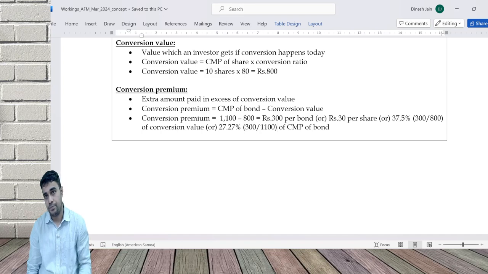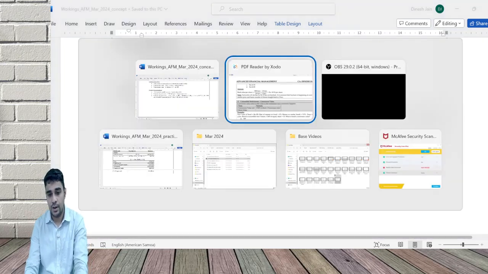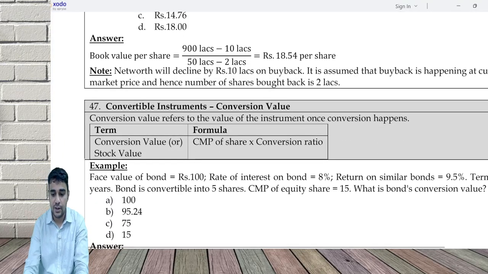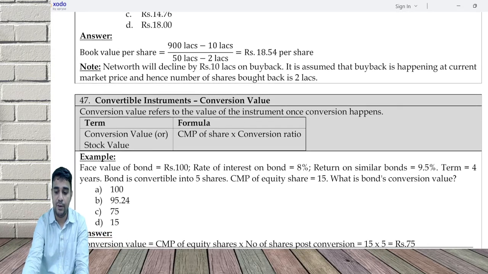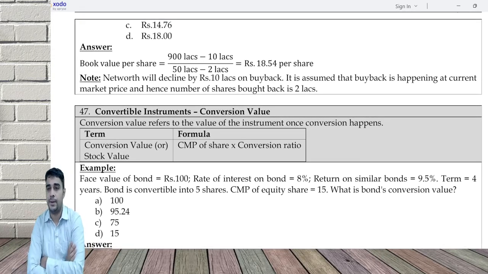Clear? Can we proceed? Before I explain the next set of terms, in this example, tell me what is conversion value. Very simple example.